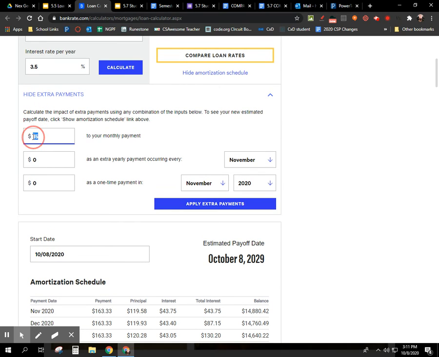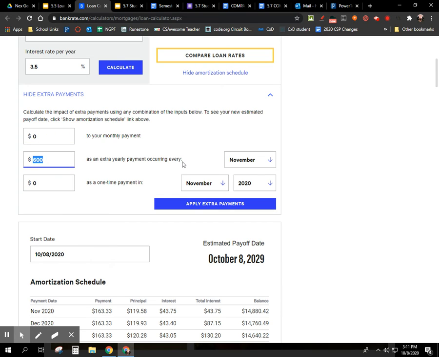Well, let's say I can't do that, but I know that every year I get a $600 bonus. So every year I'm going to make an extra $600 payment, and you would choose whenever that would be. So now if I apply this extra payment, sorry, you have to put a zero in there.